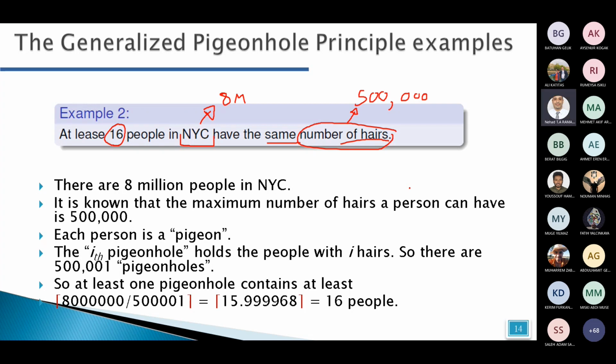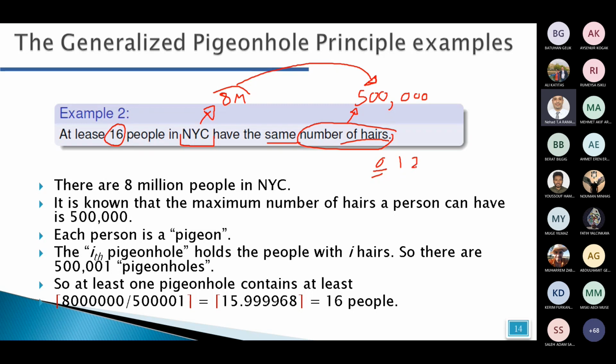So what's the idea here? How do we get how many people at least have the same number of hairs? We need to distribute the people over the possible numbers of hairs. How many different numbers of hairs do we have? Some people have 0 hair, they don't have any hair. Some people have 1 hair only.